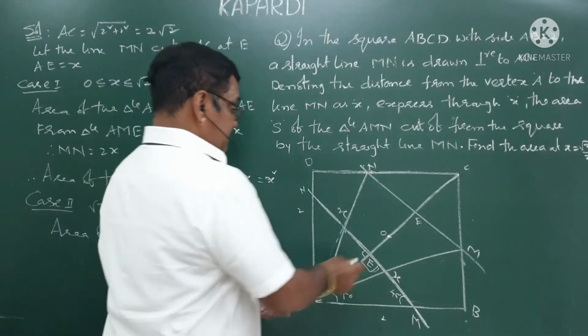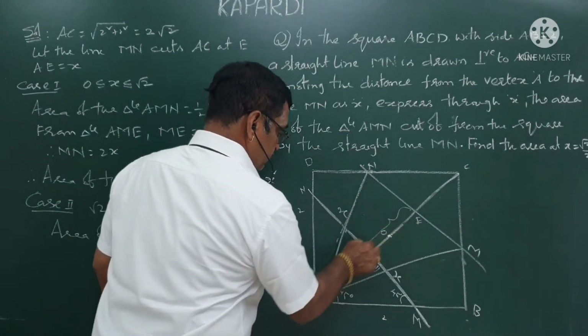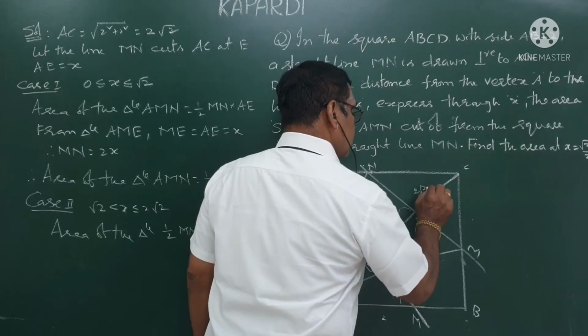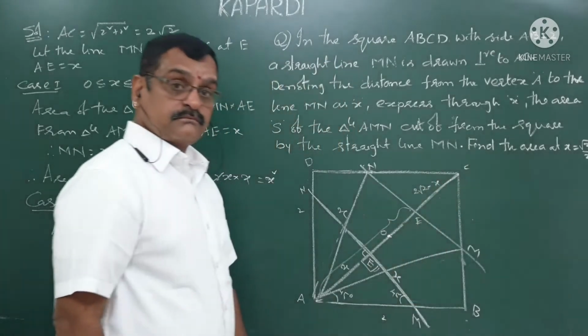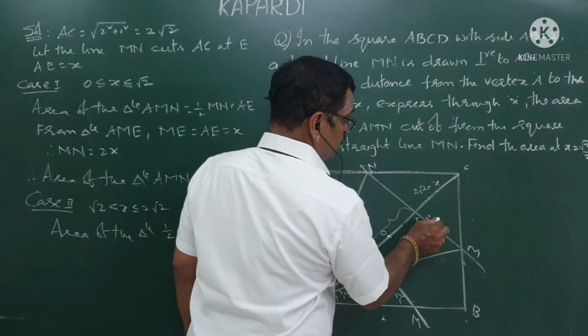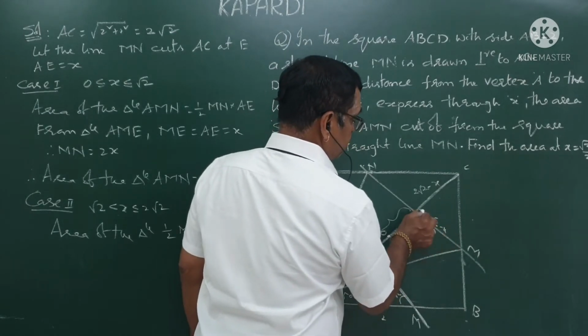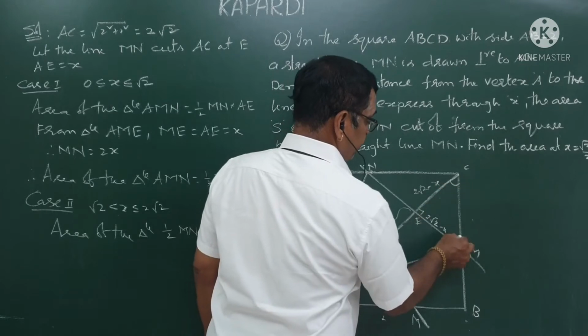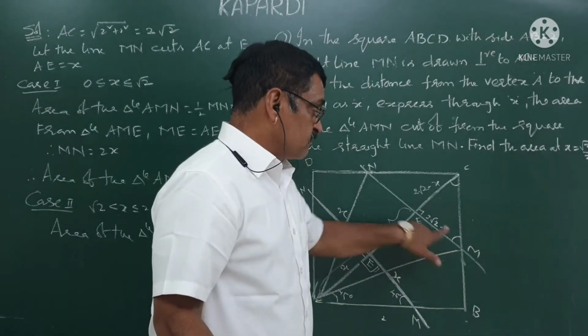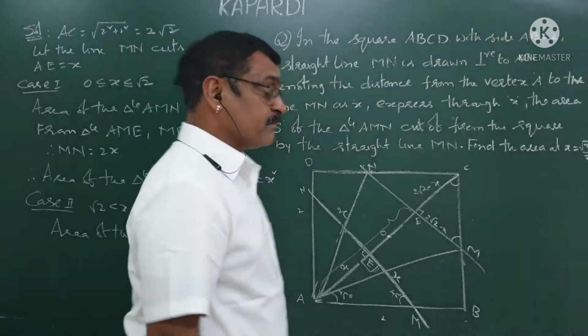Now this is x, so definitely this will be 2 root 2 minus x. When this is 2 root 2 minus x, this is also 2 root 2 minus x, because this angle is 90, this is 45 and this is 45. Therefore, my ME is equal to 2 root 2 minus x.